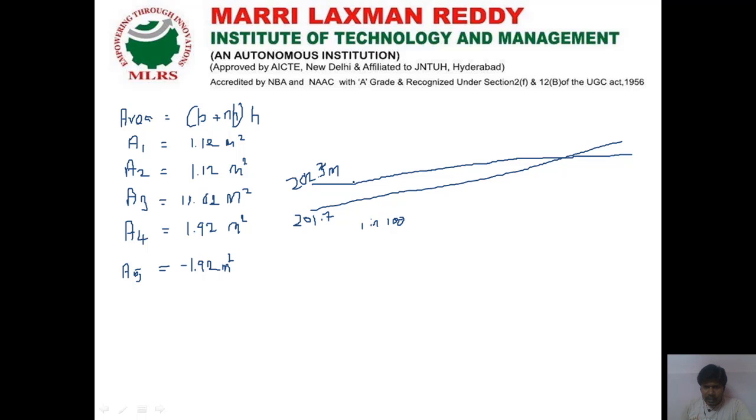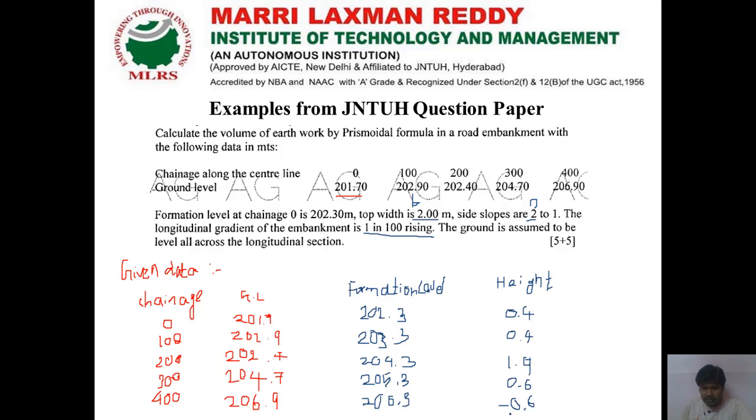So the rising gradient is 1 in 100. Now for the formation level, it gets increased like this, but our ground is much undulated and at one stage it gets crossed, so here we have to do the cutting quantity and here we have to do the filling quantity.